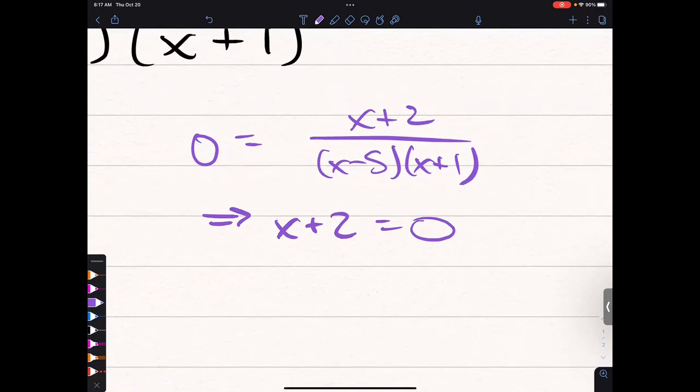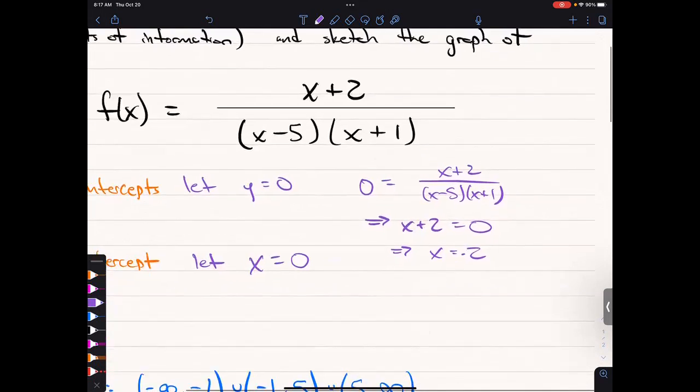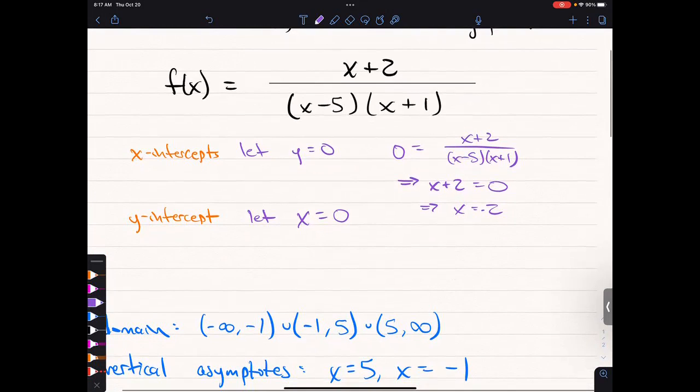Dividing by 0 is undefined, so it can't be from the bottom being 0. And the only way to get 0 when you divide a number by something is if the number you started with was 0. So -2, -2. That's your x-intercept. For the y-intercept, just plug in 0.